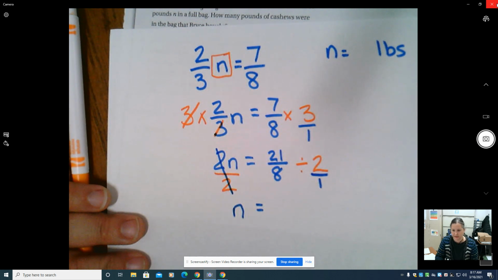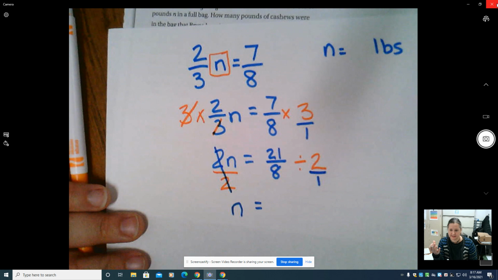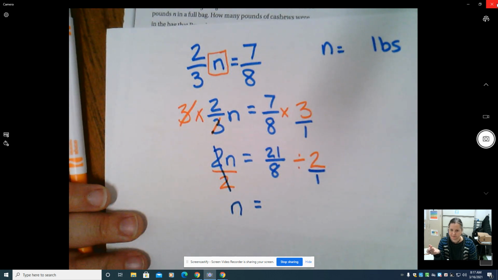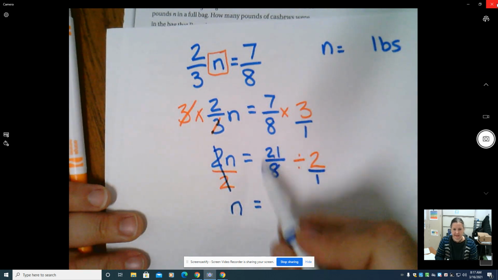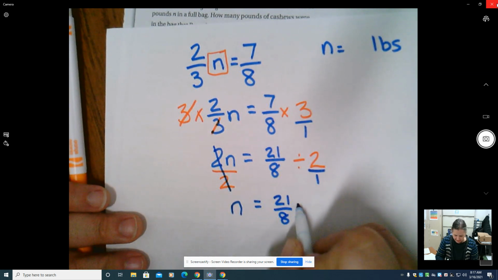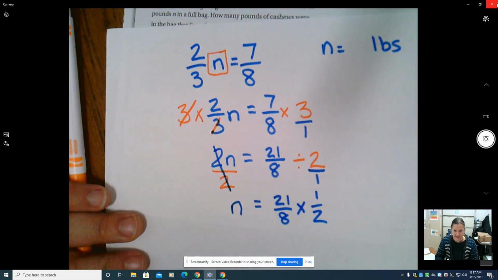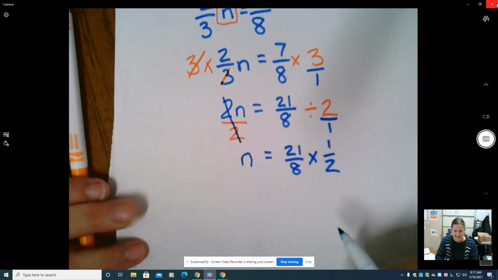So we put a 1 underneath it. If you were talking about pies, you would have 2 whole pies and they only each have 1 piece, so they're not cut yet. Okay, so here we have keep it, change it, flip it. All right, and then we're going to multiply to get the answer here.